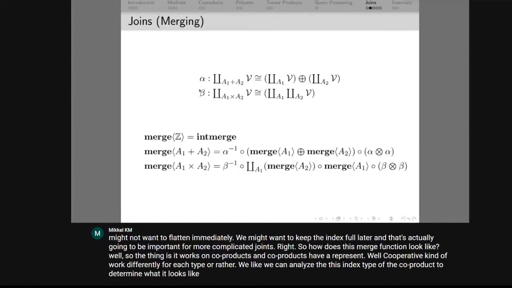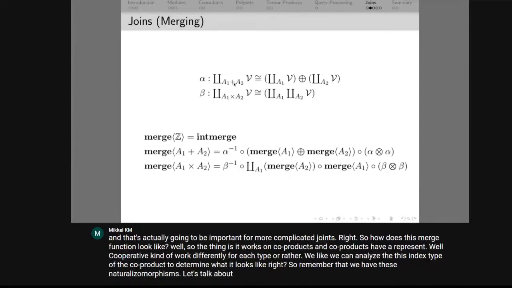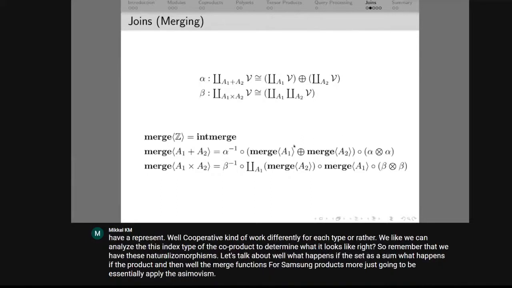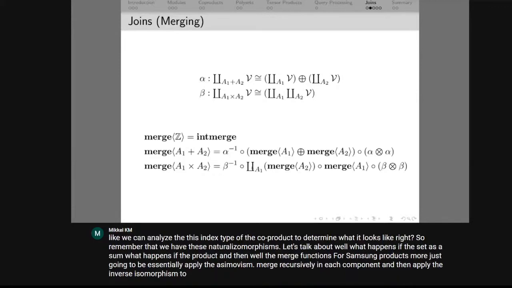Remember that we have these natural isomorphisms. Let's talk about what happens if the set is a sum, and what happens if it's a product. The merge functions for sums and products are essentially: apply the isomorphism, merge recursively in each component, and then apply the inverse isomorphism to patch back up.